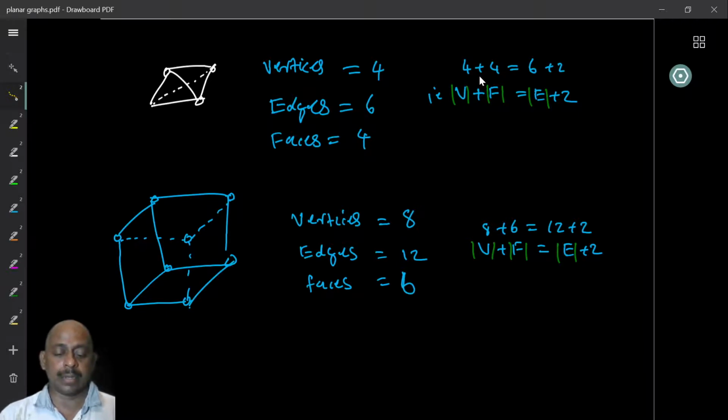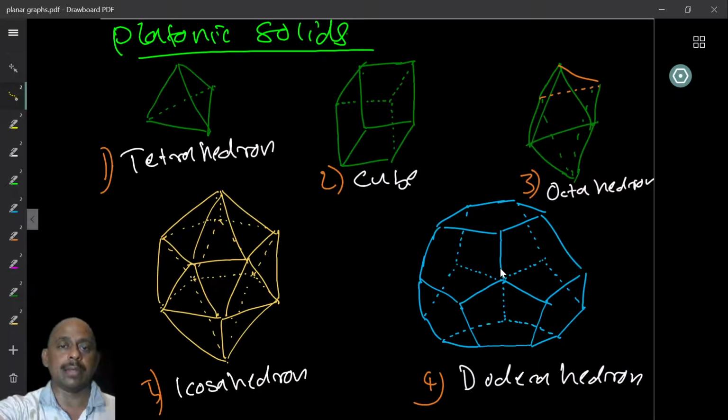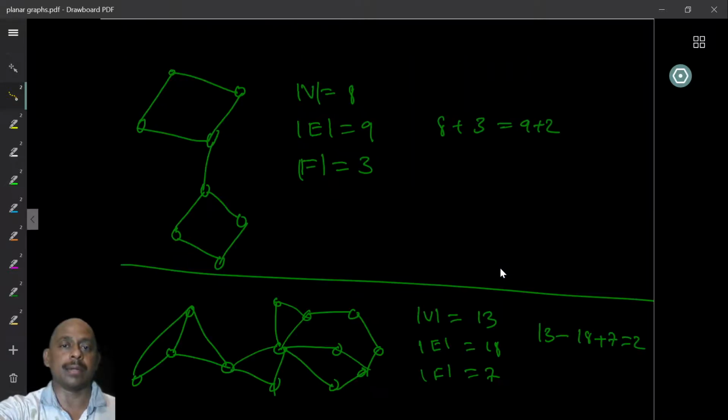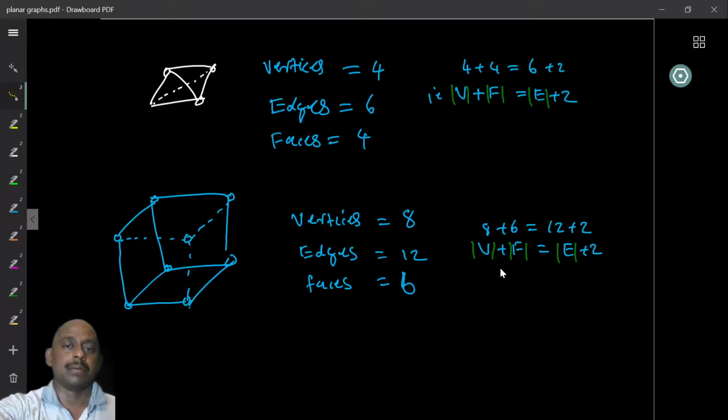Now, if you take the cube, the number of vertices, 8, plus the number of faces, 6, is equal to 14, which is 12 plus 2, the number of edges plus 2. Similarly, the same thing holds for the octahedron, icosahedron, and dodecahedron. So verify this.